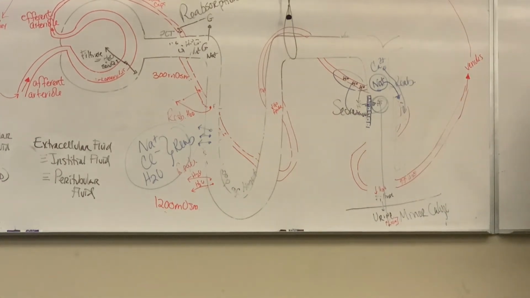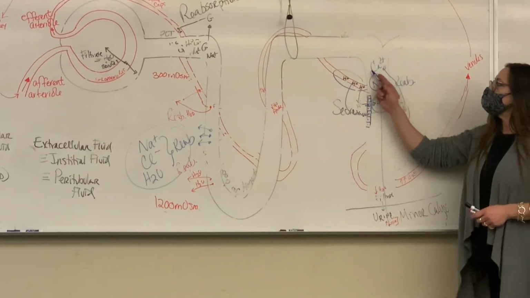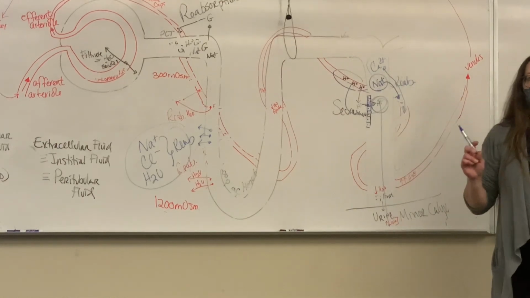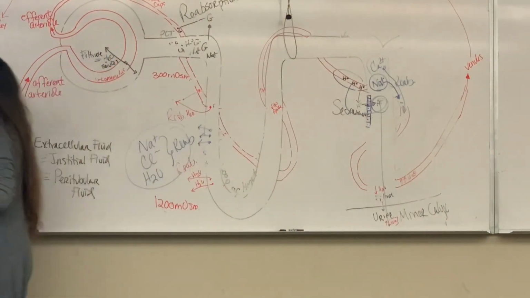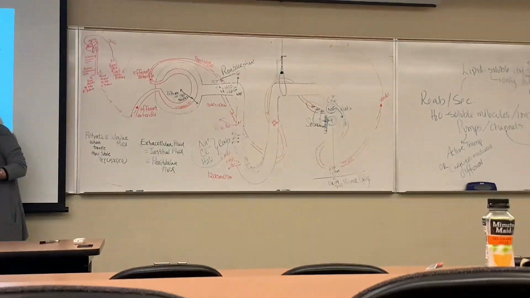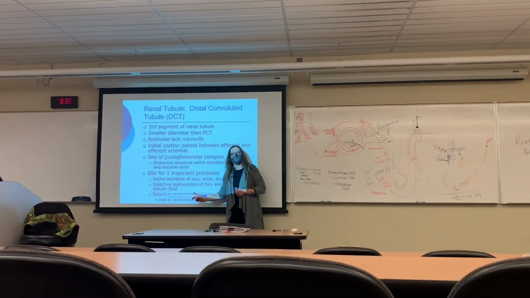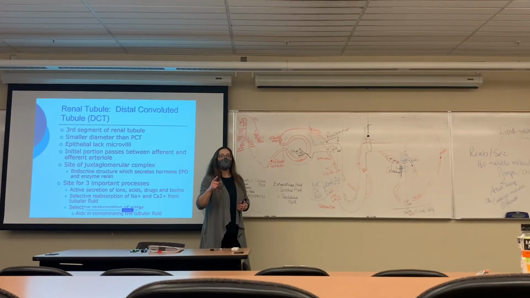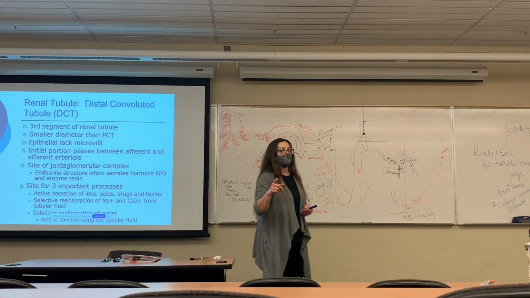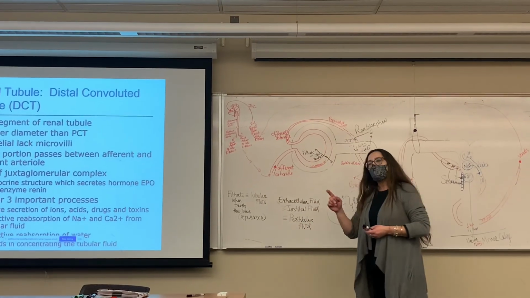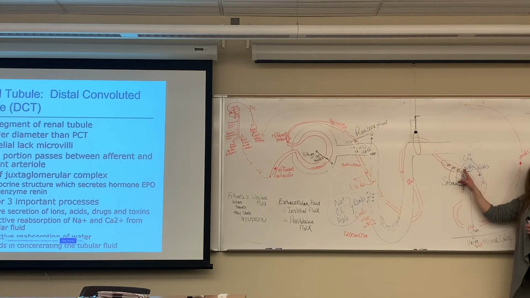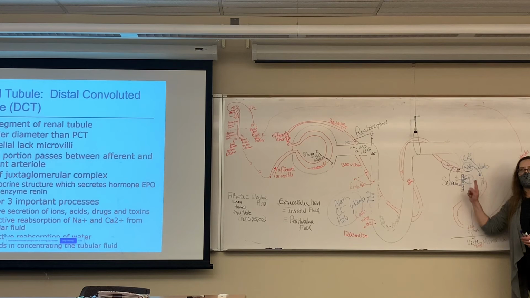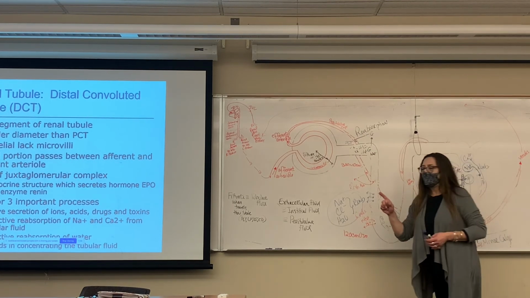Selective tells us we're only gonna do this if a hormone tells us to do it. That's the selective part. So what hormone would tell the kidneys to reabsorb sodium? Which one? Aldosterone, okay? So depending on what our aldosterone levels are will dictate how much sodium gets reabsorbed at the DCT, okay?